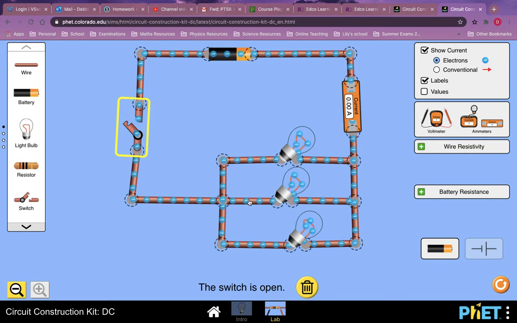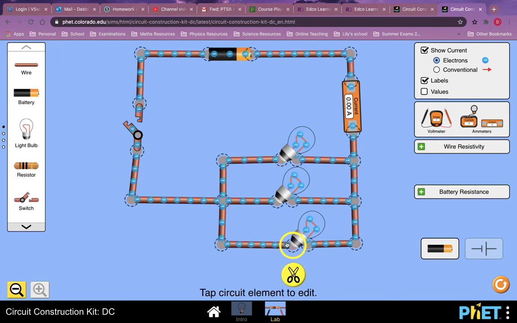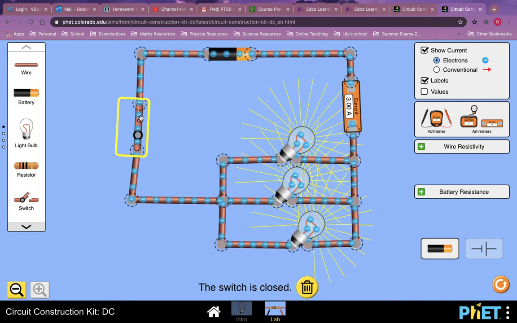The bulbs are now on parallel paths. As opposed to being on the same path, they're on different paths, parallel to each other. And if I close it, you'll see they all come on. Again, I'm going to just snip this one out.